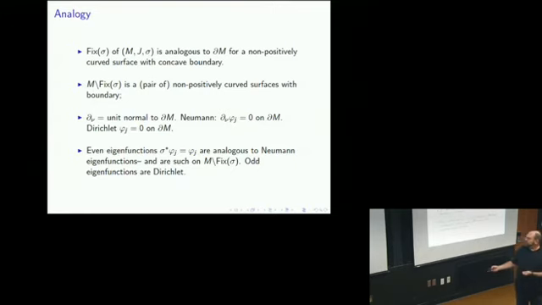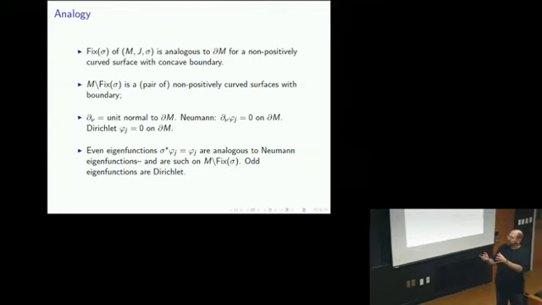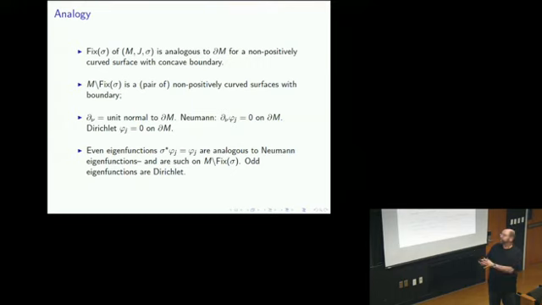If you were able to glue, like in the real curve case, you're basically gluing two copies together along the fixed point set, and you get one nice analytic surface. That does not work for a general surface with boundary. But an even eigenfunction is Neumann for each piece, because it's even.